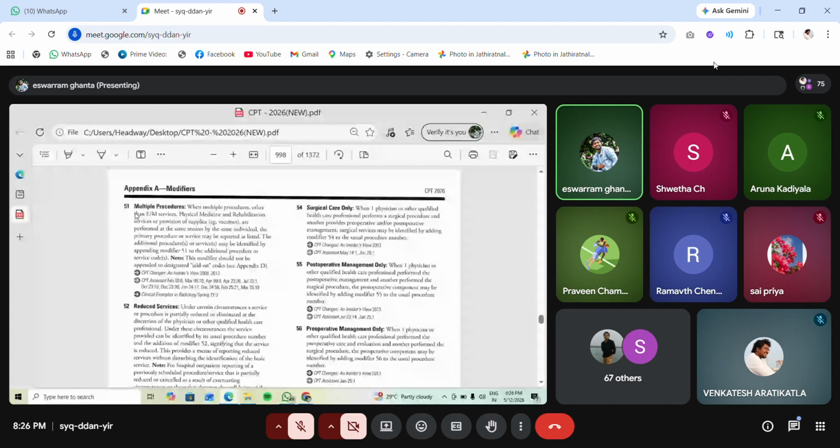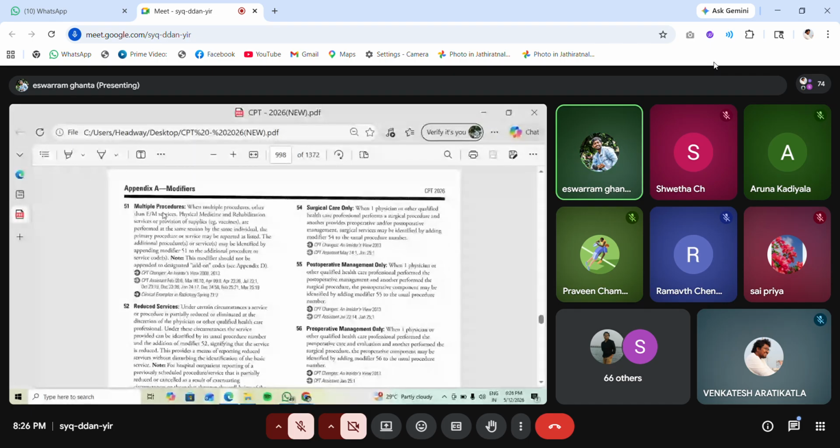Multiple procedures. There is one more example: appendectomy for the patient, and at that same session hernia repair is also done. Both hernia repair and appendectomy were done.